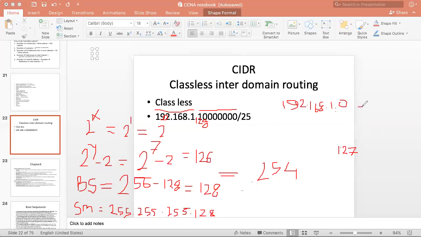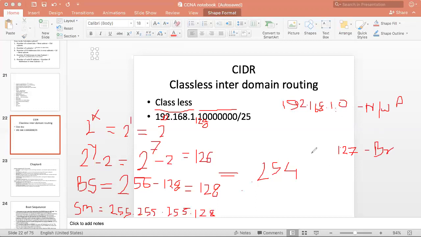Now the first address is called the network address. The last address is called the broadcast address.